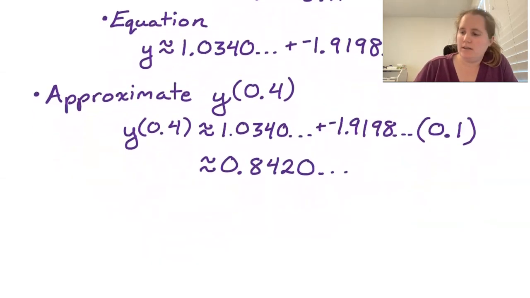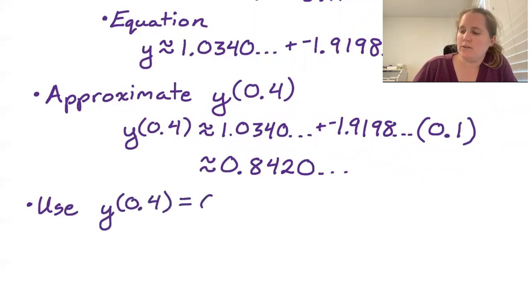From there, now we are going to use this as our final initial condition. So we'll use y of 0.4 equaling 0.8420 as our initial condition.